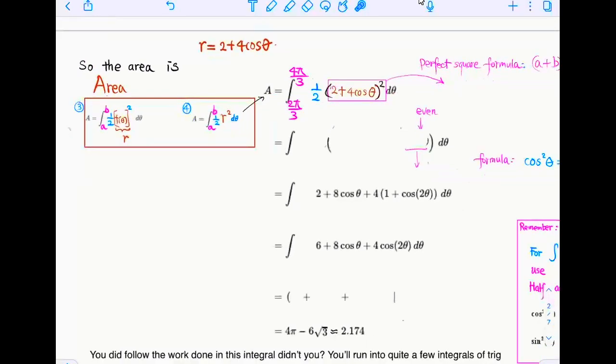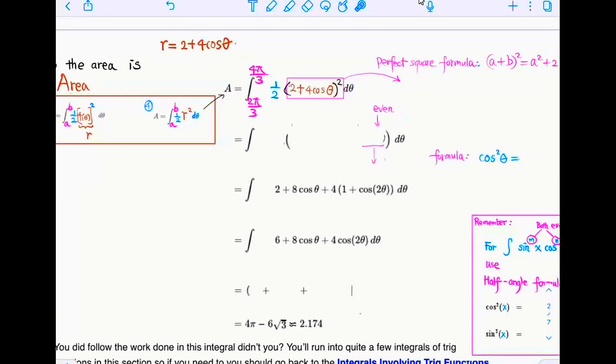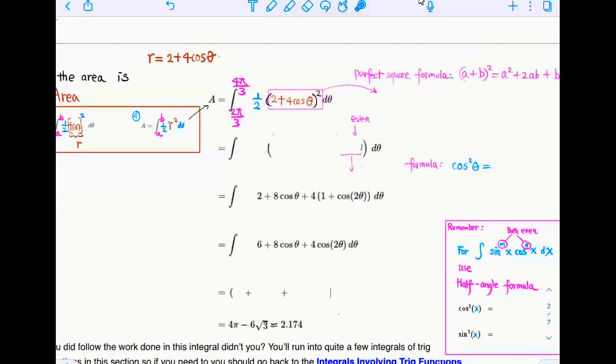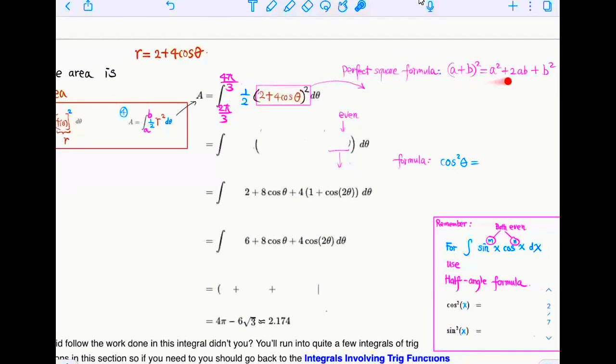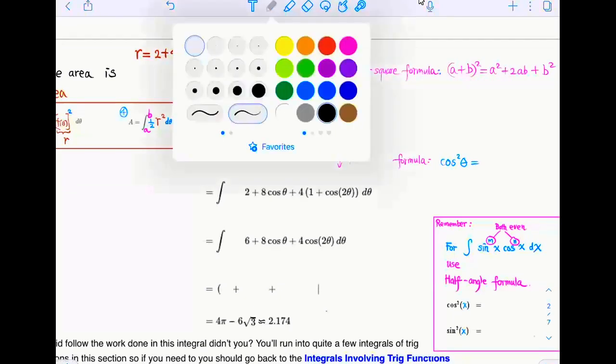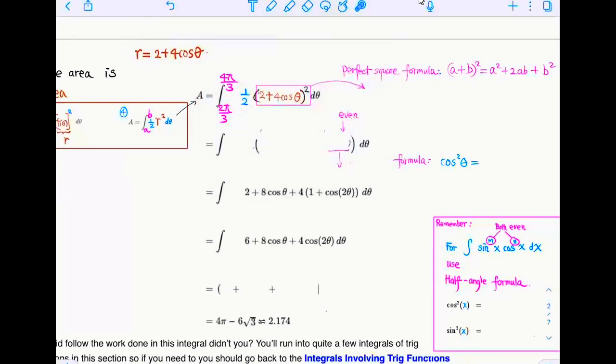Now, how do you evaluate this integral? We have to use the perfect square formula, right? The perfect square formula is stated here. So use the perfect square formula to expand this. What do we get? Anyone? Leah? Yes, it's 2 squared plus 2 times 2 times 4 cosine theta, plus 4 cosine theta squared. Yeah, you got it. Good job.